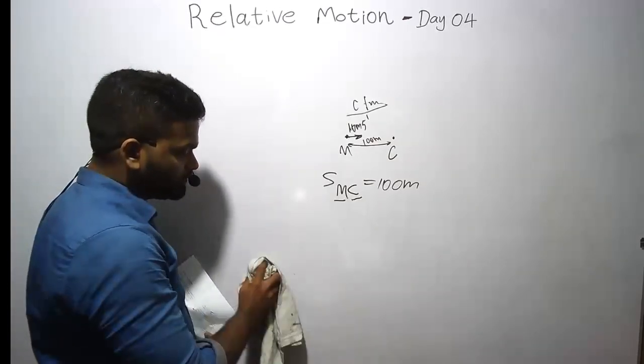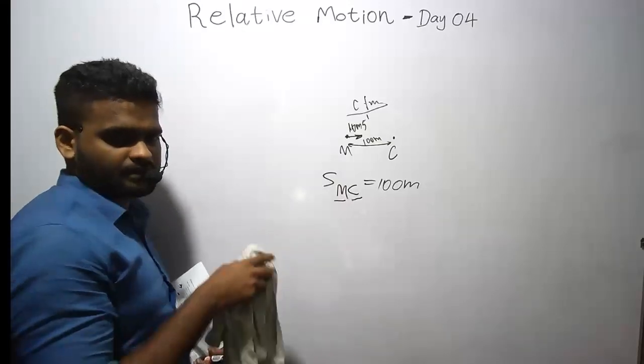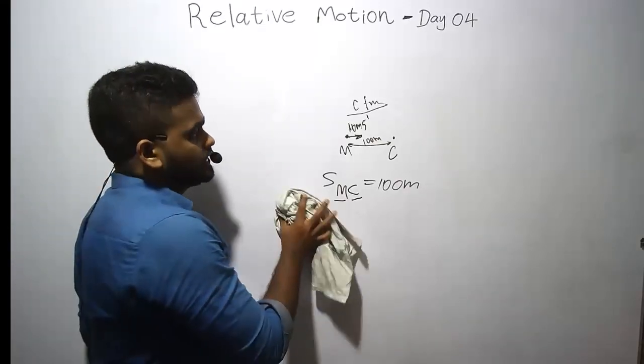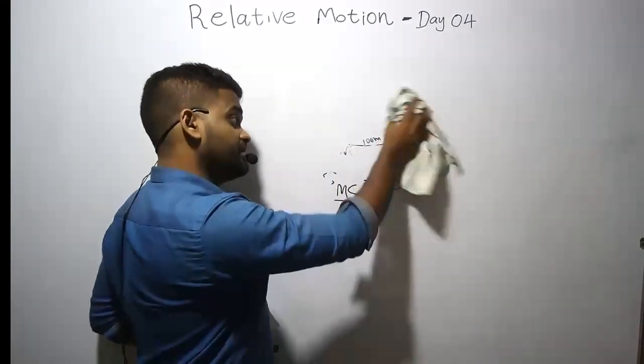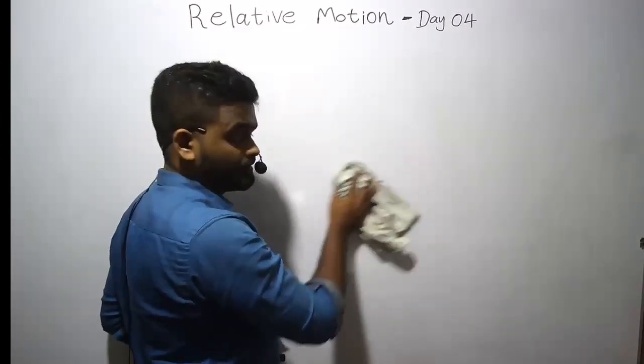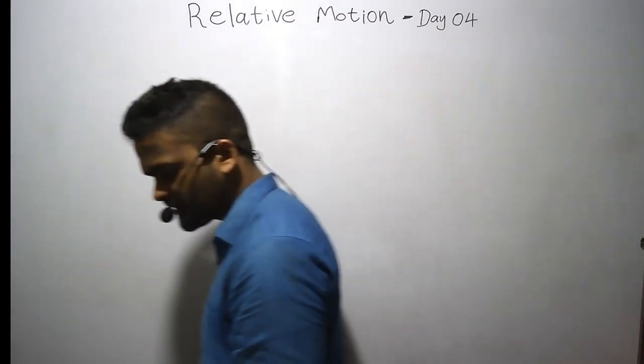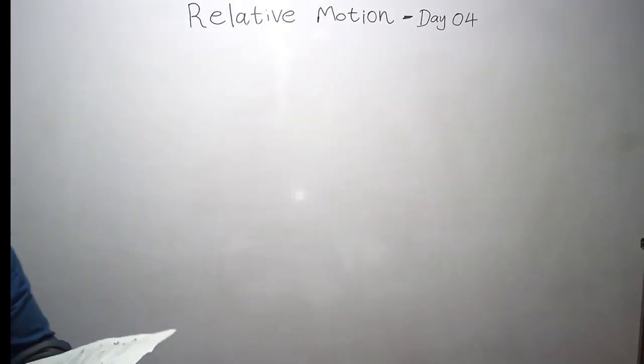If the problem gets complicated, these problems are not complicated. These are very simple problems, right? If the problem gets complicated, you have to refer frames, okay? First draw a sketch.